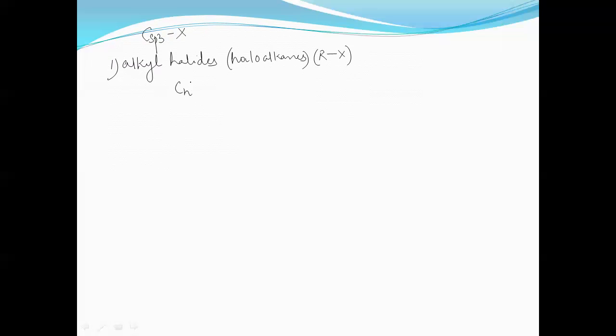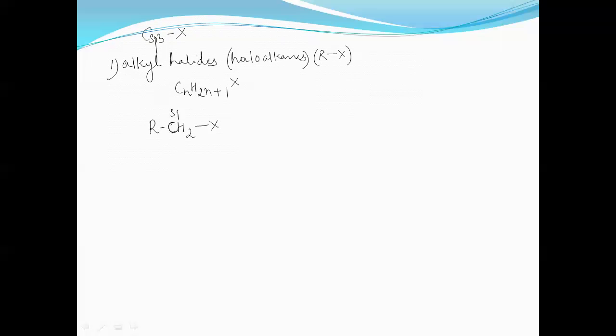And the general molecular formula of this homologous series is CnH2n+1X. First one is R-CH2-X, where this halogen is attached to this sp3 hybridized carbon atom.